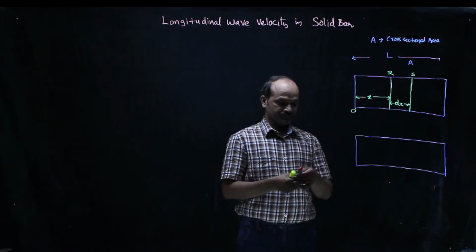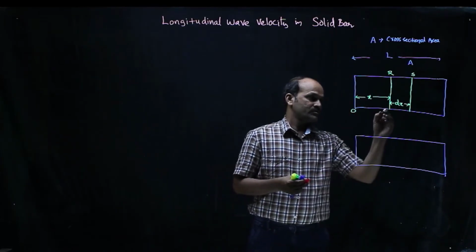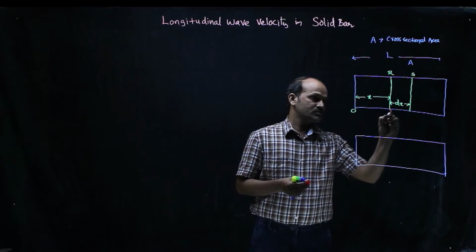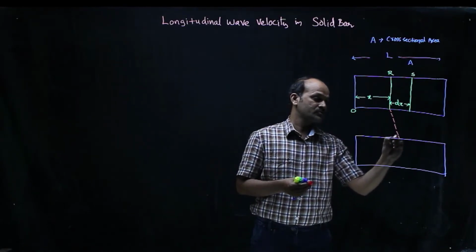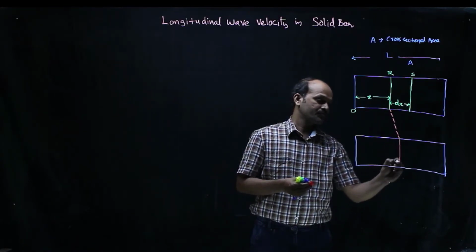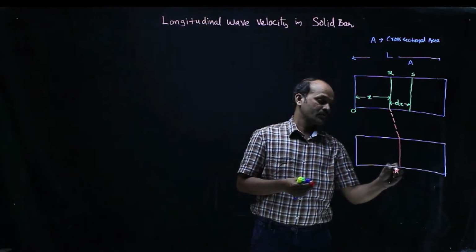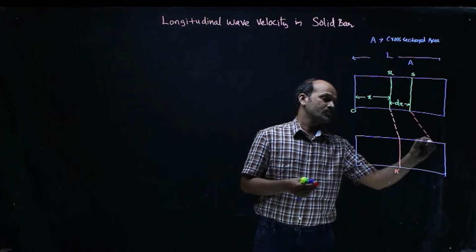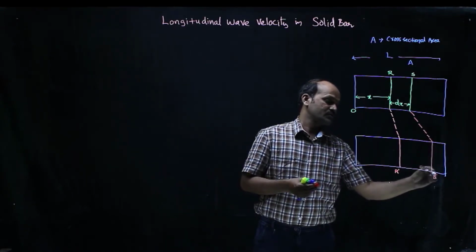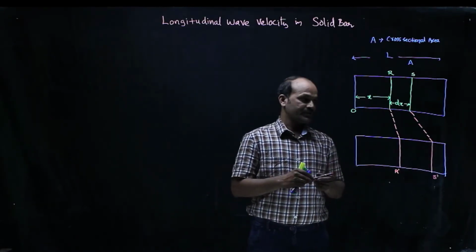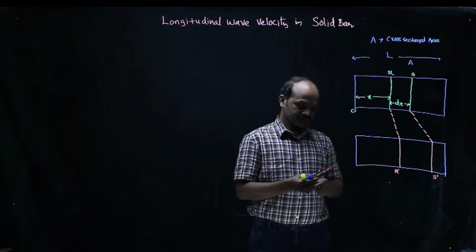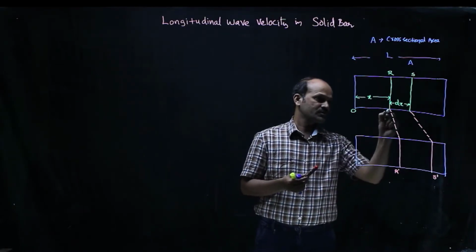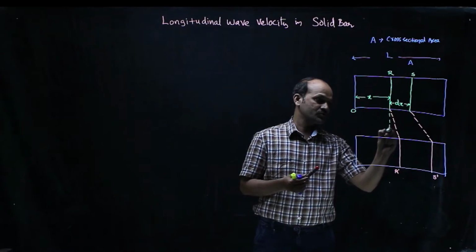So say R is displaced to R dash, and S is displaced to somewhere here, S dash. Let me draw the initial position.